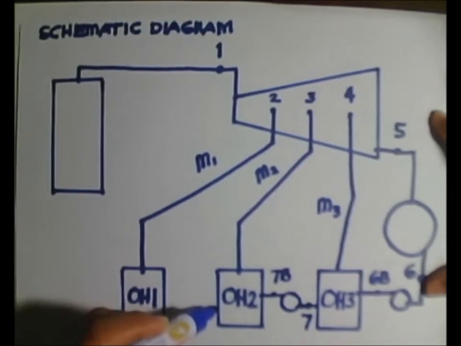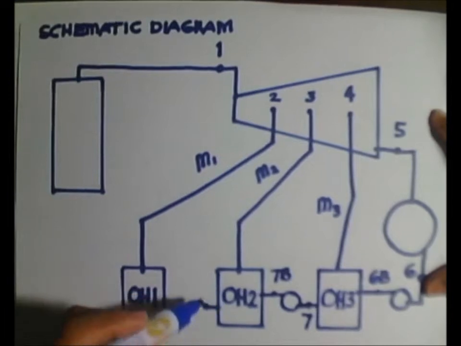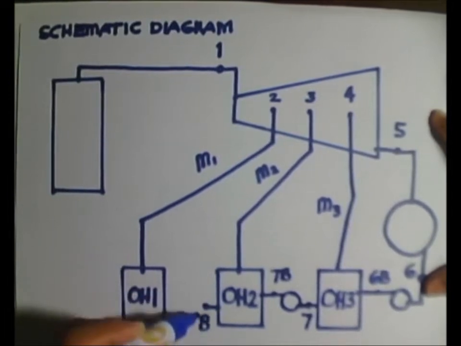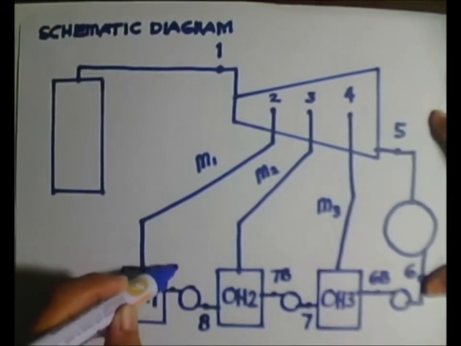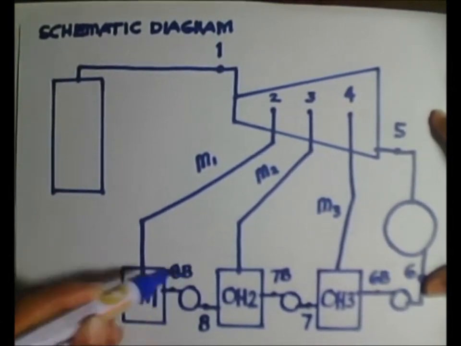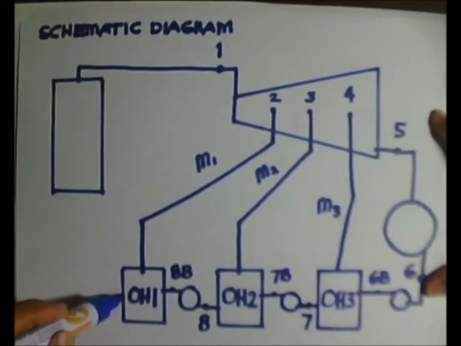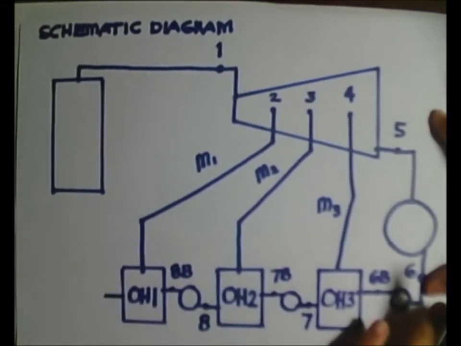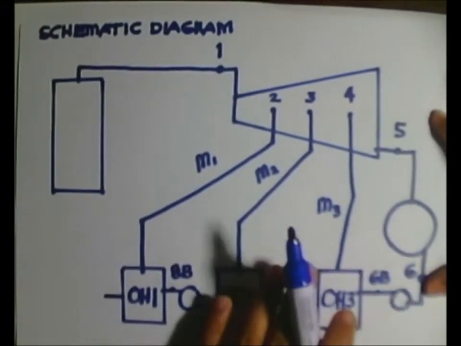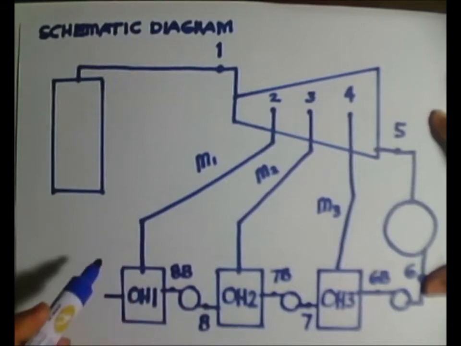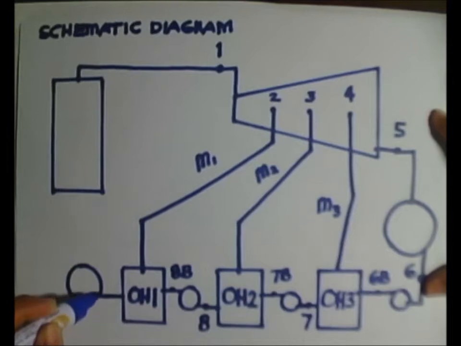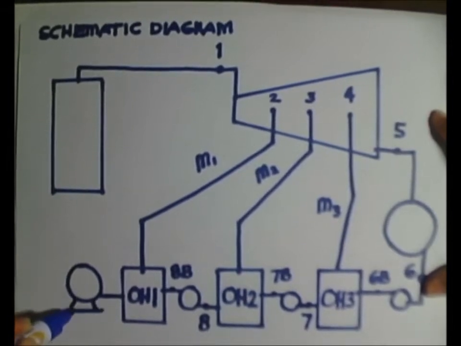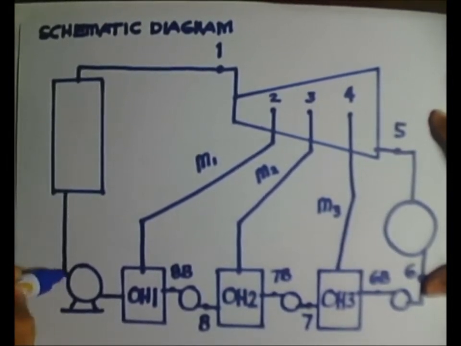And another point here, the exit point of open heater 2, we call it 8. And we have a pump here, 8B. And this saturated liquid, all of them would go back to the boiler, and they would be pumped by this main feed water pump back to the boiler here.